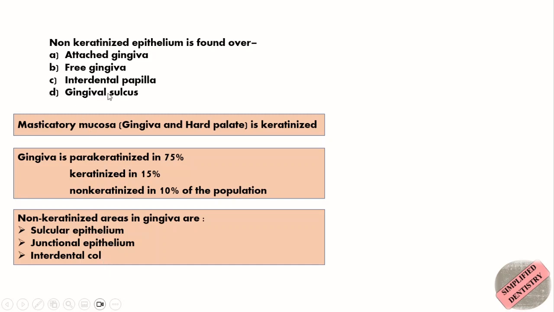So according to the given options, option D is the answer. So non-keratinized epithelium is found over gingival sulcus, that is sulcular epithelium, as the gingival sulcus is lined by the oral sulcular epithelium.